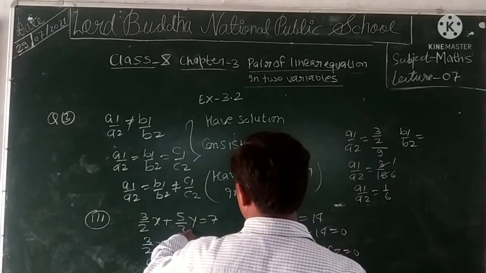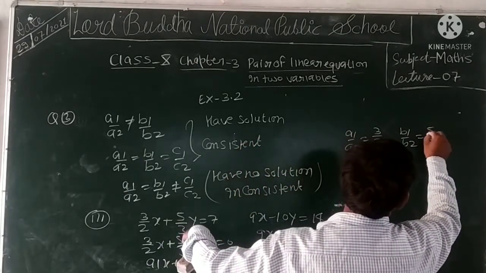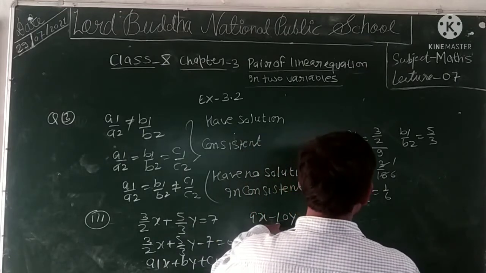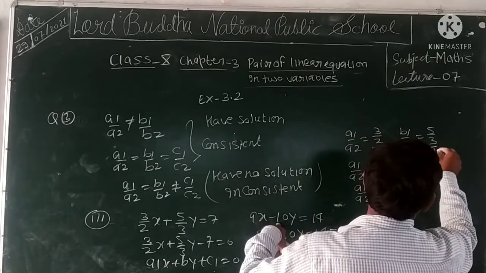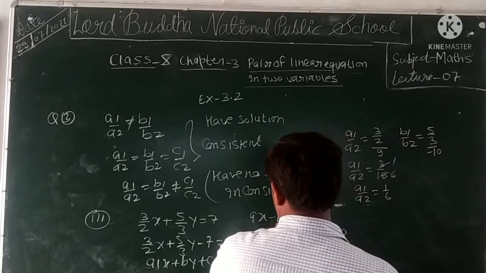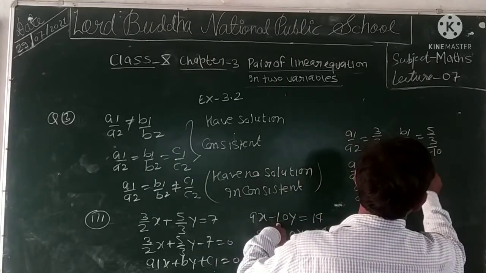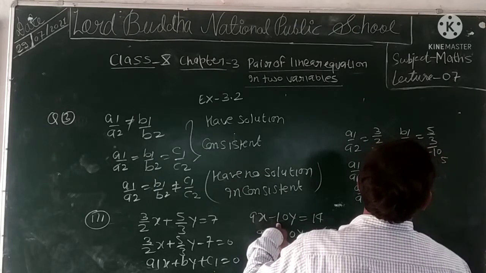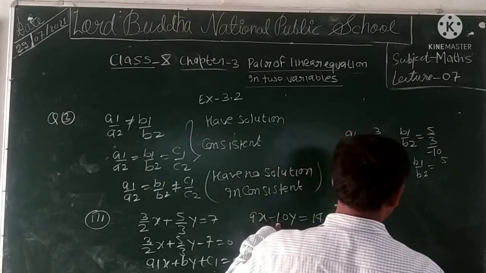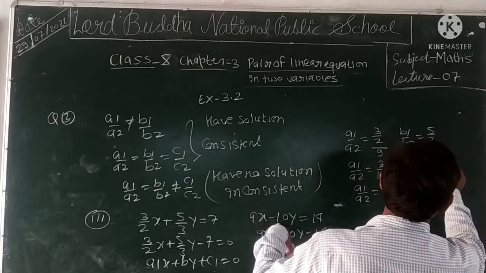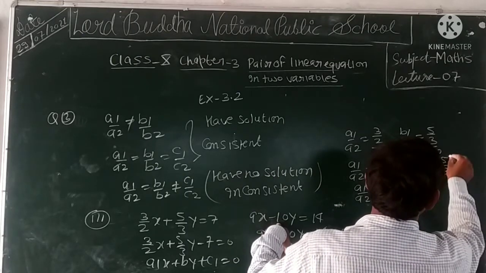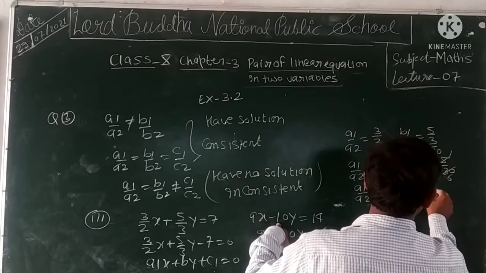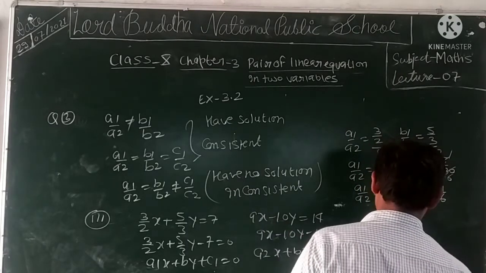Here b1 is 5 upon 3 and b2 is minus 10. So b1 upon b2 equal to 5 upon minus 30, which is minus 1 upon 6.